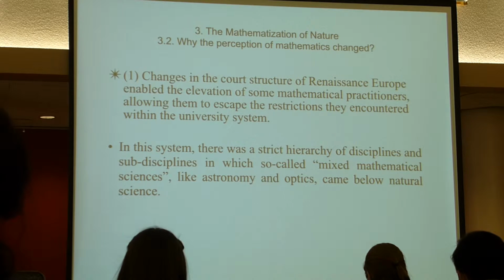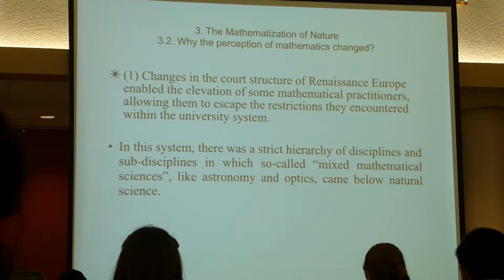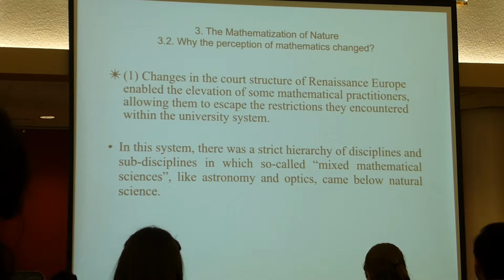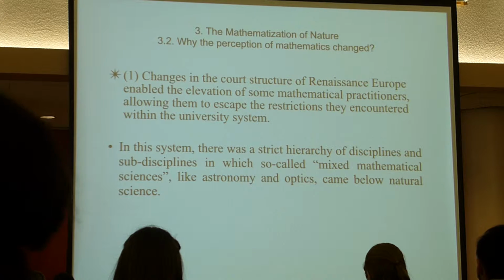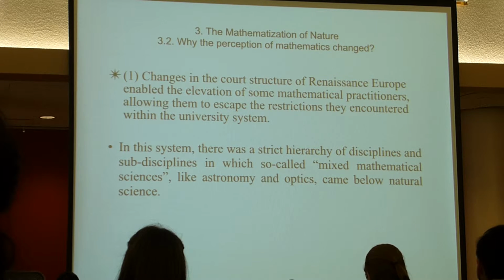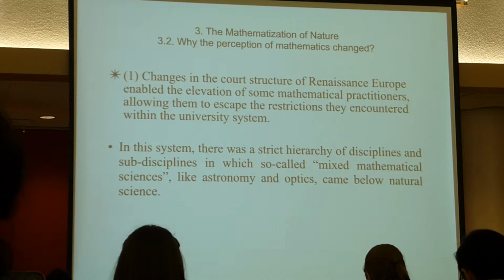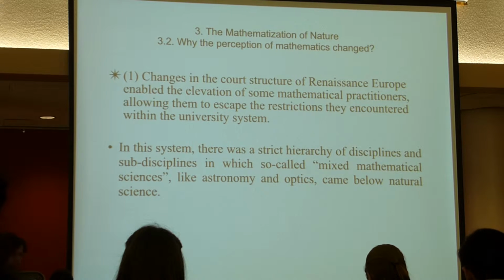And these are social changes that allowed people to, for whatever reason, sometimes because the king or the prince or the ruler or the people who are reaching the court were interested in this. So as we see, for instance, that in the Renaissance, important courts were interested in magic.